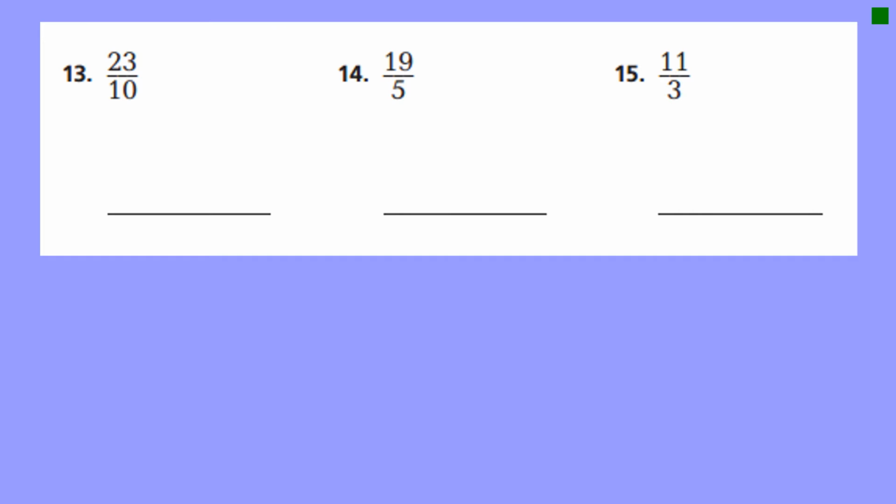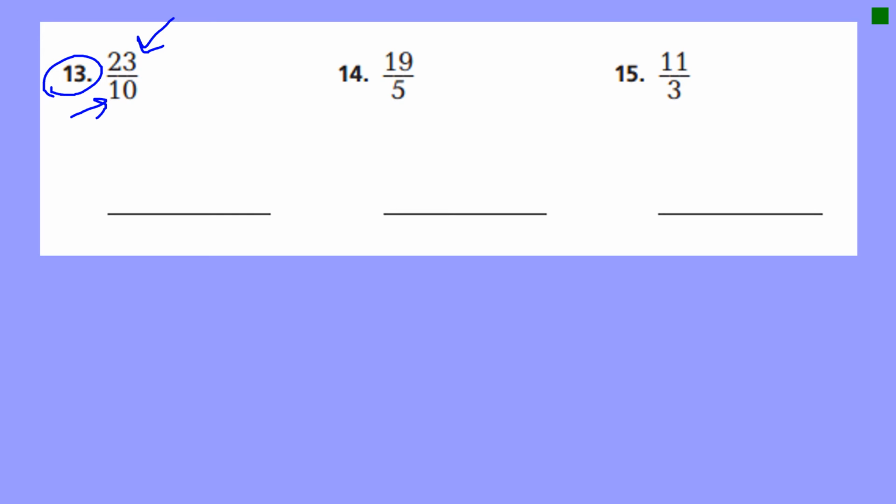So we are kind of doing the reverse of what we just did. So for number 13, let's think about what we know about fractions. We have 23 pieces. And what's the job of that number? That tells us how many make one whole thing.